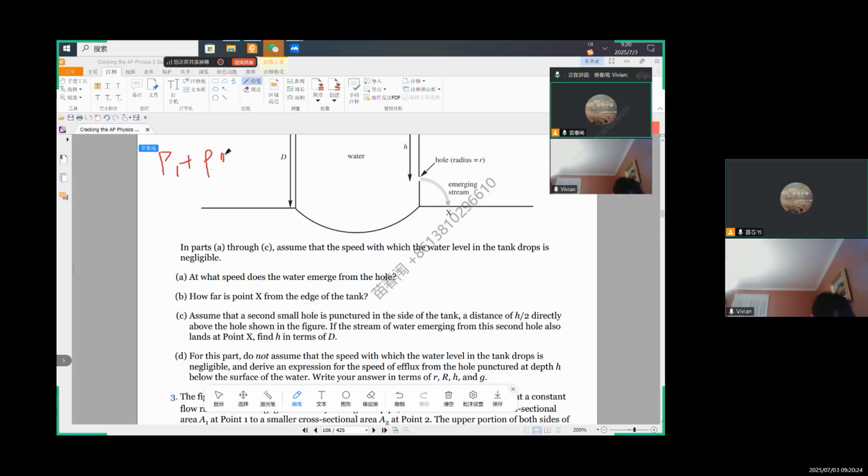P1 plus rho G y1 plus 1 over 2 rho v1 squared equals P2 plus rho G y2 plus 1 over 2 rho v2 squared. Okay, what do we know? P1 and P2, aren't they both atmospheric pressure? Air pressure, right? That doesn't change anyway.